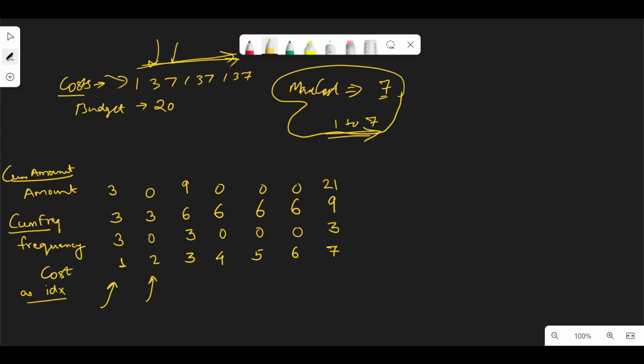Similarly, for cumulative amount, you would have spent 3 here, 3 here. Then at this point you would have increased it to 12. You have spent 12 amount of money, and then here you would have spent 21 plus 12, which is 33, right? And all of this, if you think about it, we can do in O of max cost.